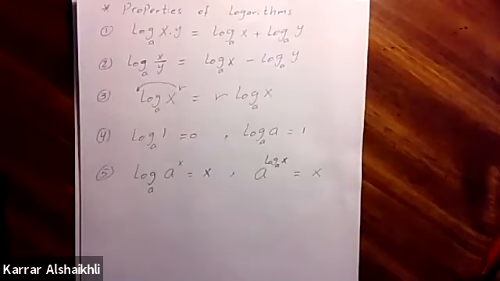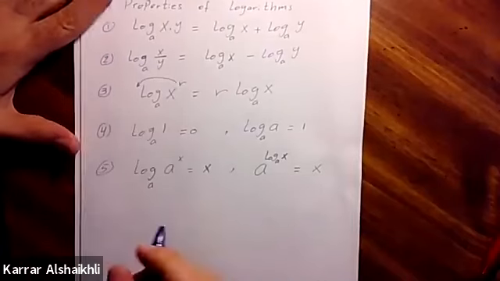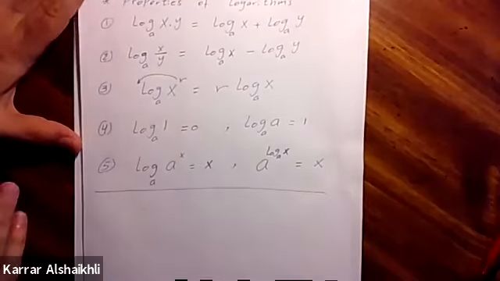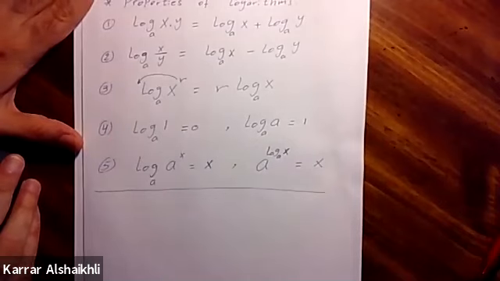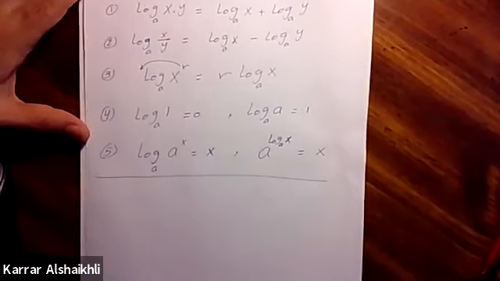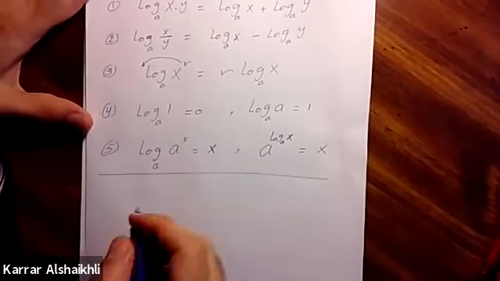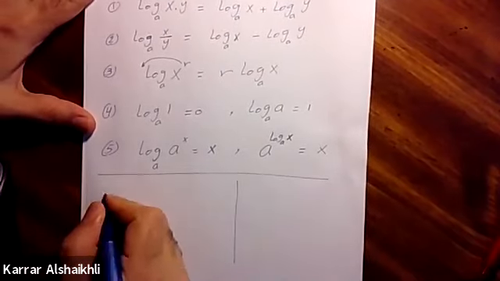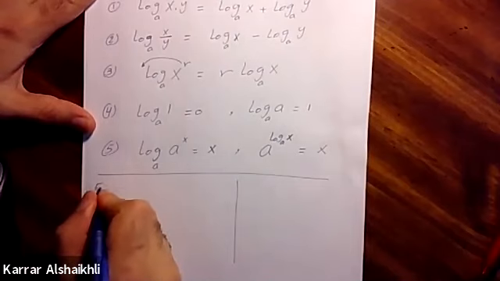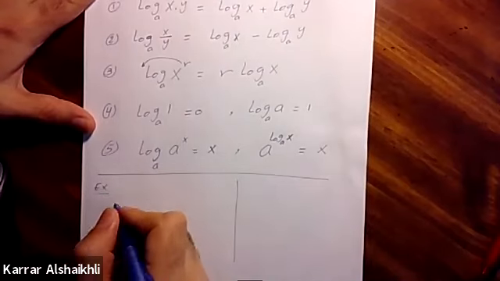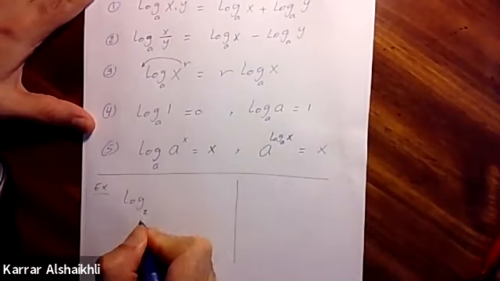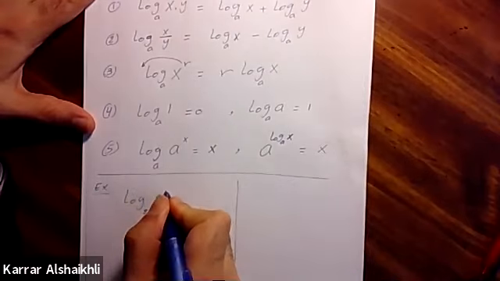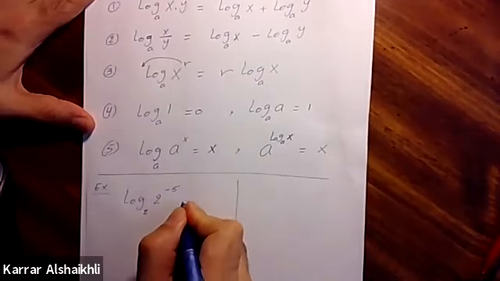Which rule are you going to use when we start the first example? So check the first example, we're going to do it. Let's do this one. So here's an example. If you have log to the base 2 of 2 to the exponent -5.